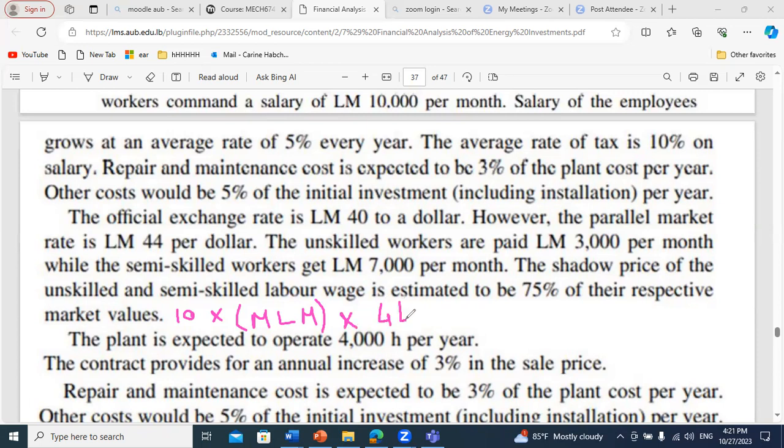And then I will say that 65% of this part is subjected to the reduction of 25%. So I multiply it by 75%. And the other 35% part is not subjected to any reduction because it's foreign contractors. So plus 35%.